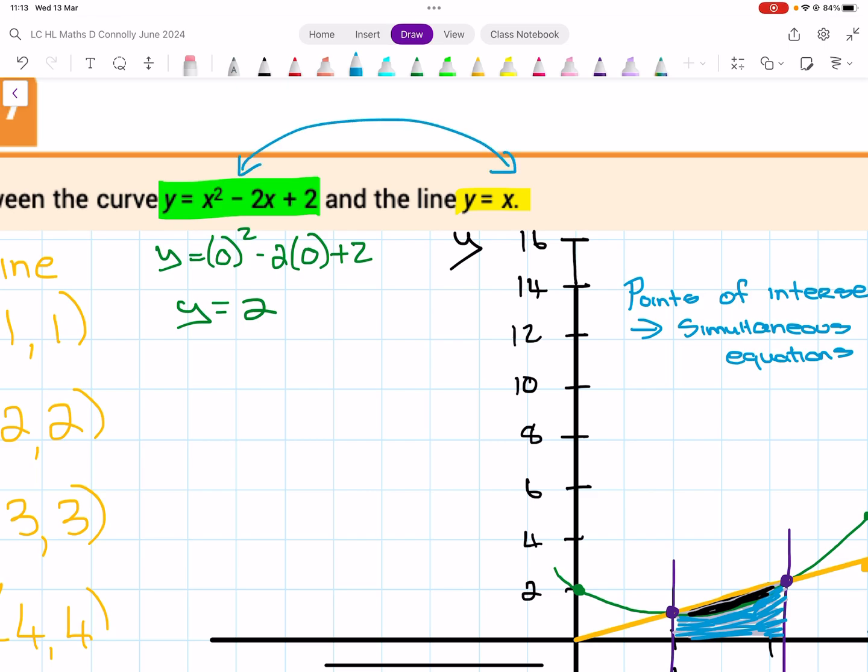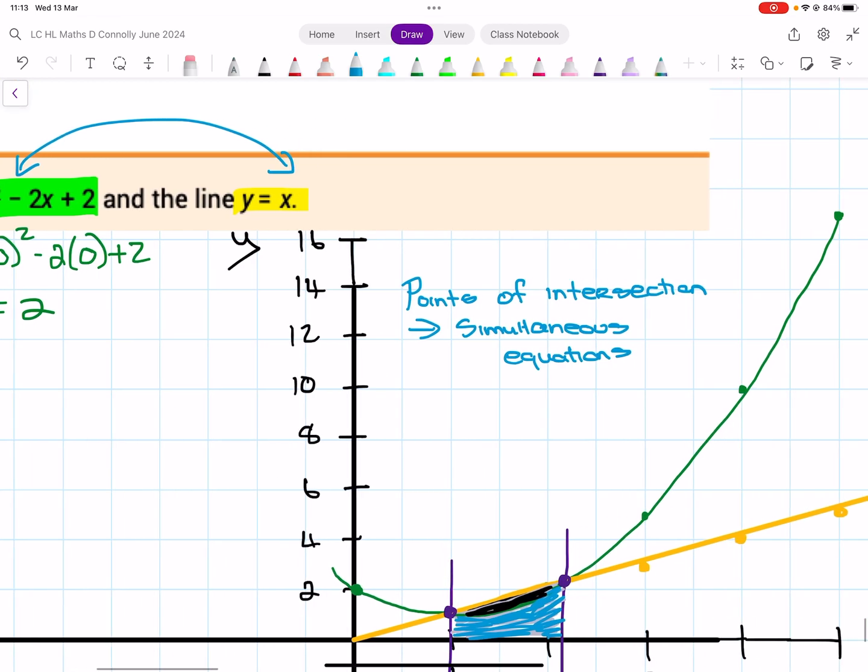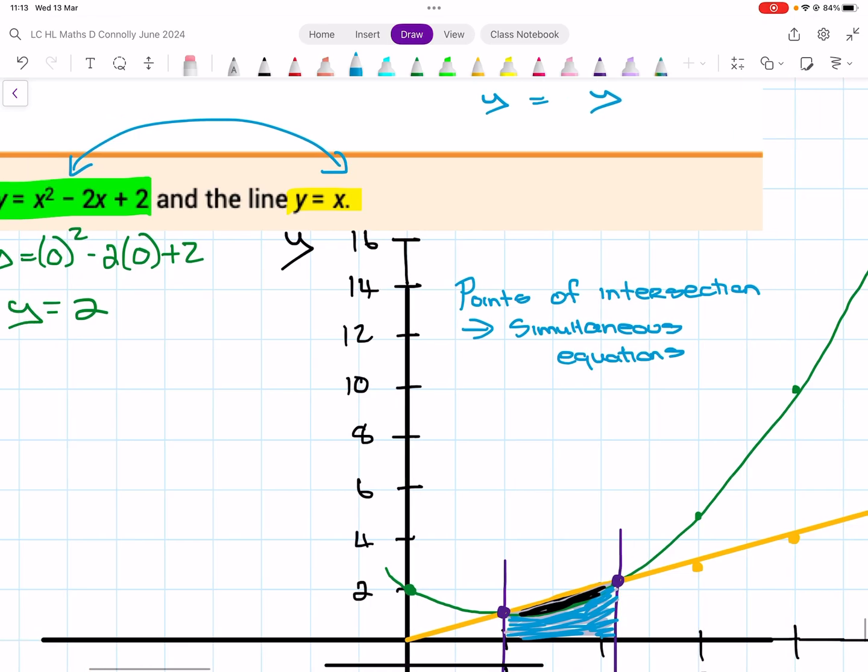Now it should be nice and straightforward. Essentially, they're both equal to y, so we can just do y equals y, which gives us x squared minus 2x plus 2 equals x. And then we can solve. So if I minus x, I get x squared minus 3x plus 2 equals 0.